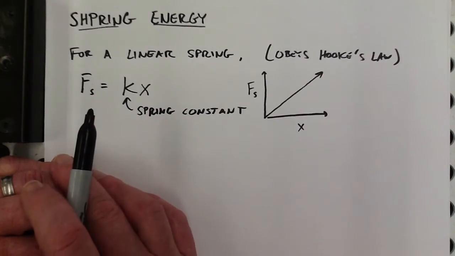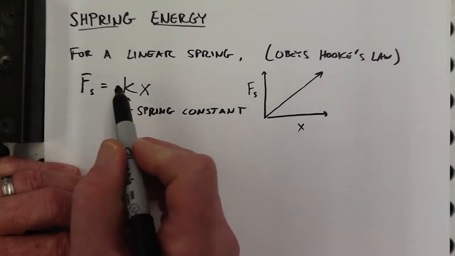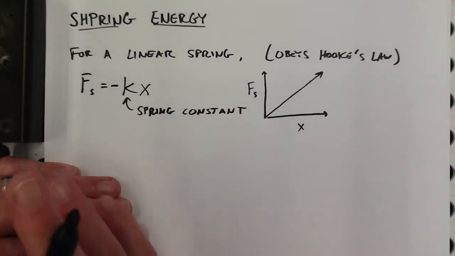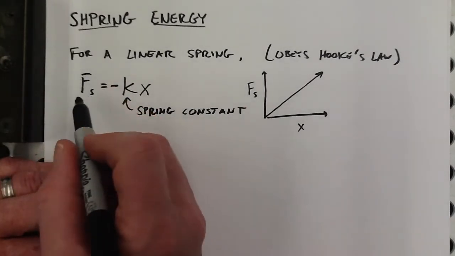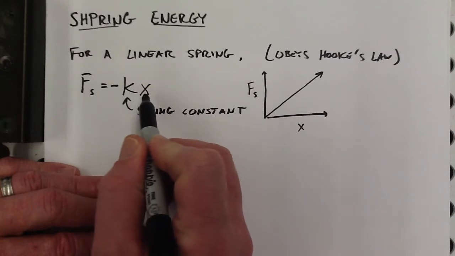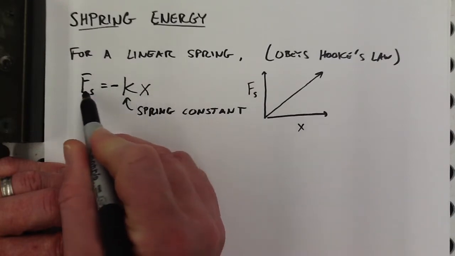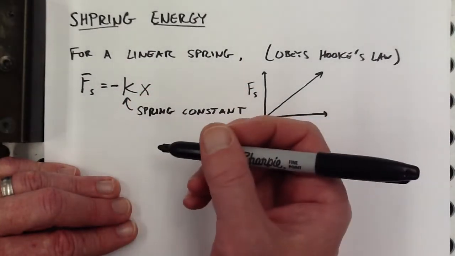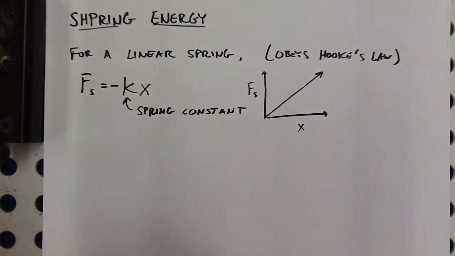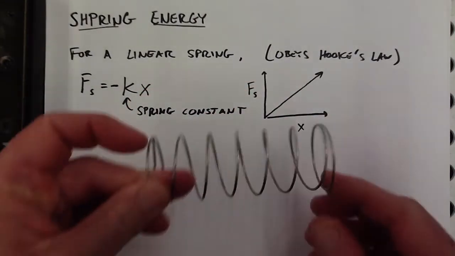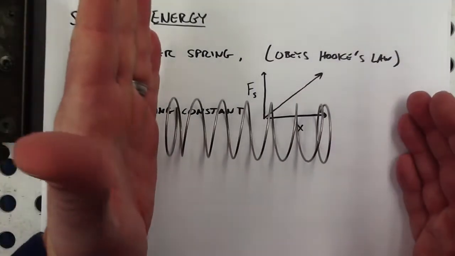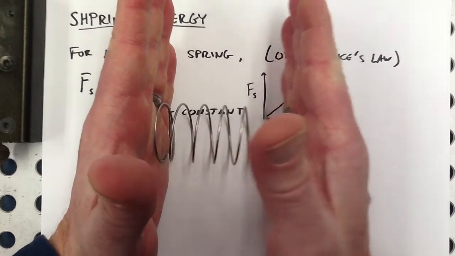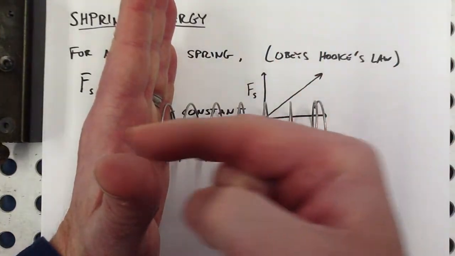We do want to be careful that we understand that there really should be a negative sign here. Why? Because the spring force and the displacement are always going to be opposite to each other. So if you have a spring and it gets compressed a little bit, then I'm pushing this way, right?